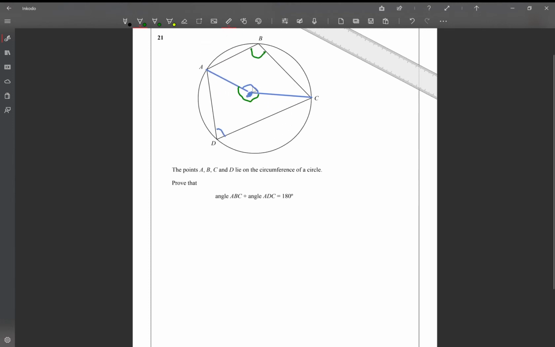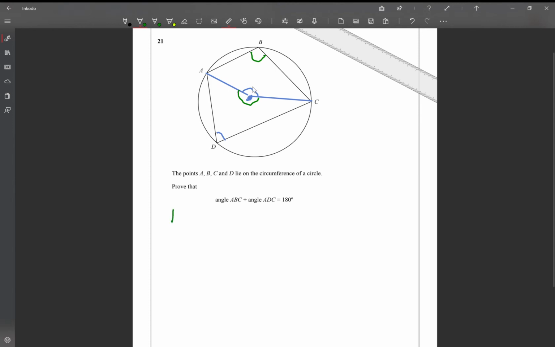Okay, so how we write this is I'm going to call the centre O. Let O be the centre. And then I'm going to label my angles.